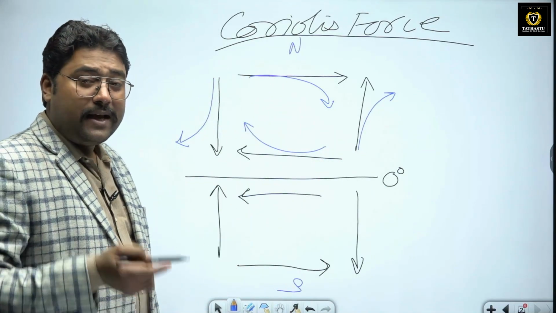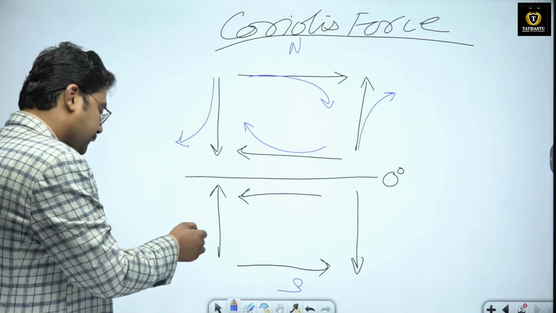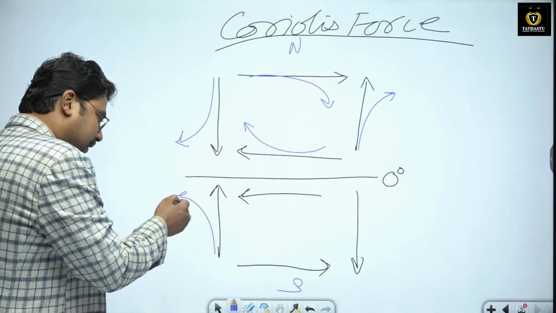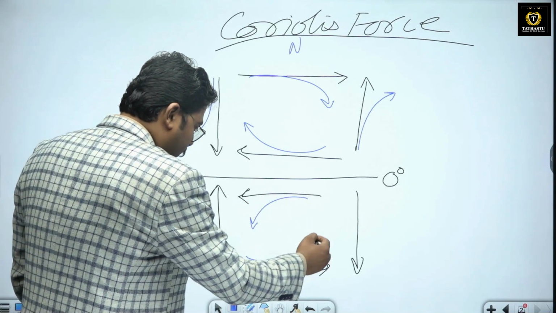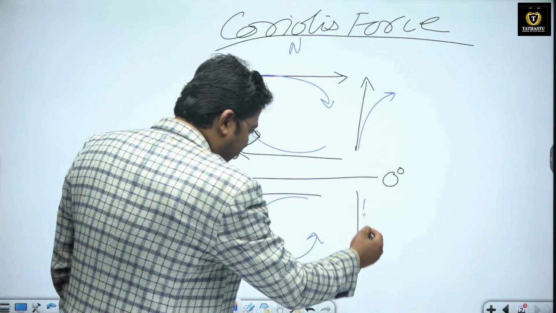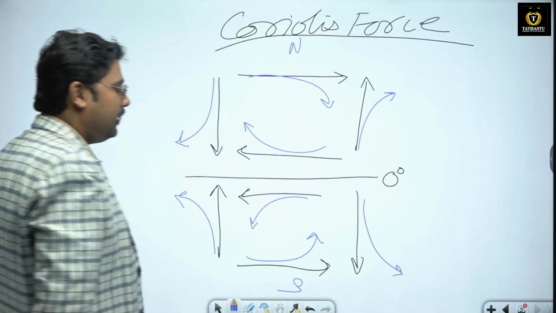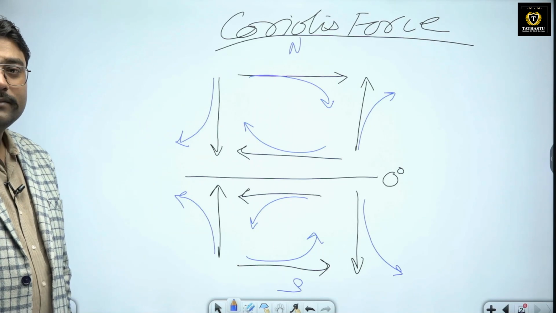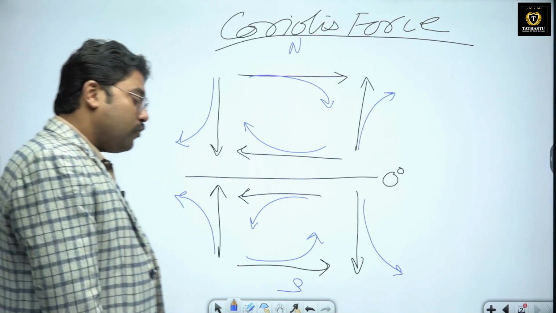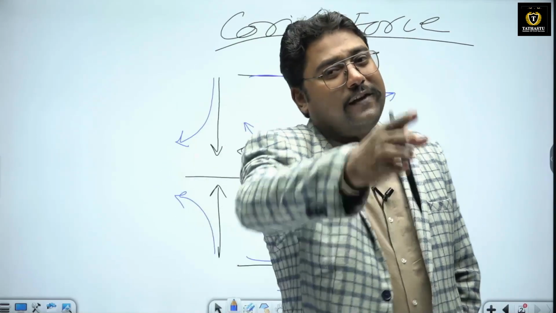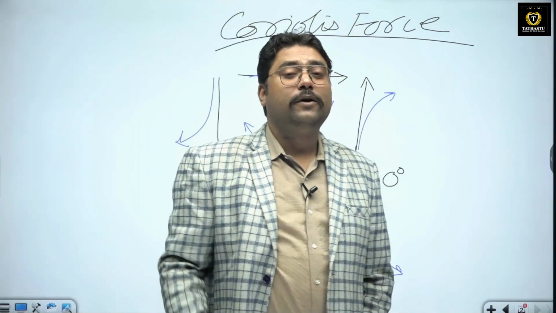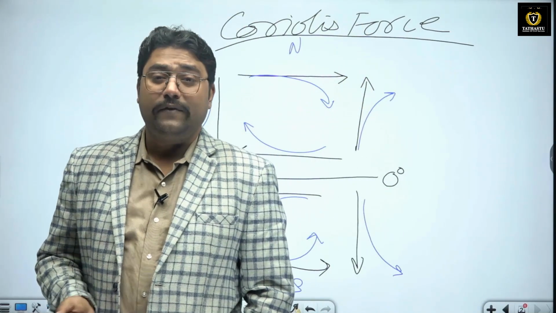In the southern hemisphere it will be deflected towards the left of the respective direction. Suppose if I throw you, you will also get deflected towards the right because you are sitting in the northern hemisphere.